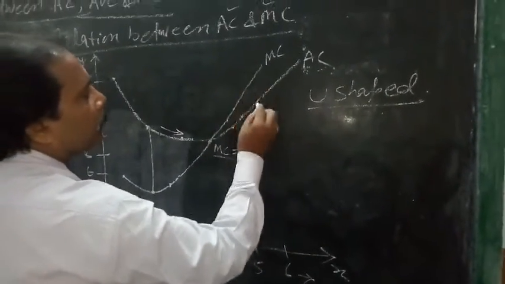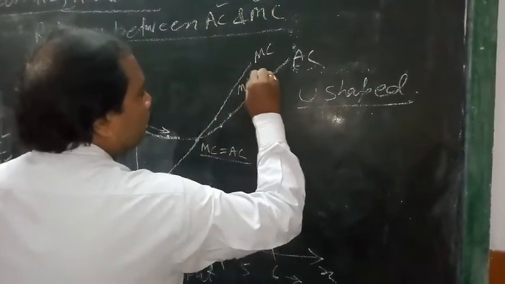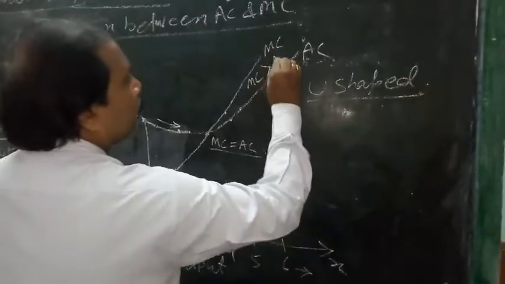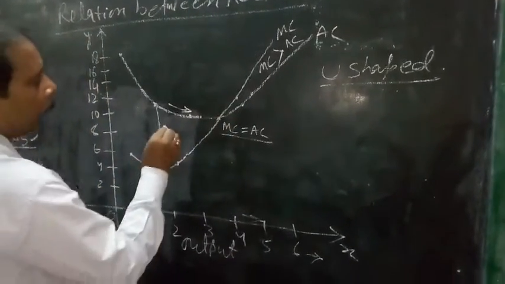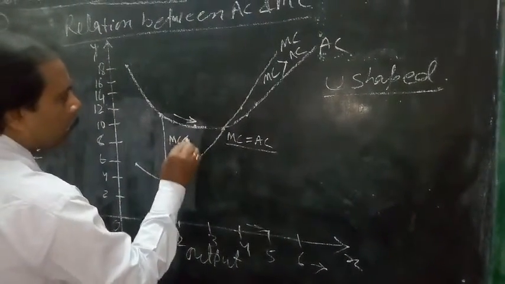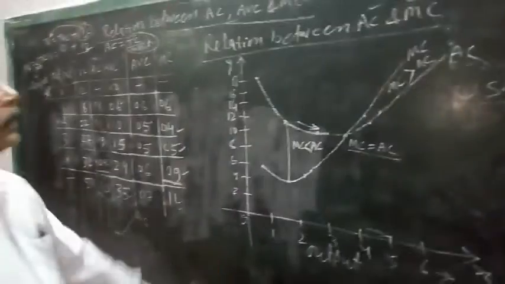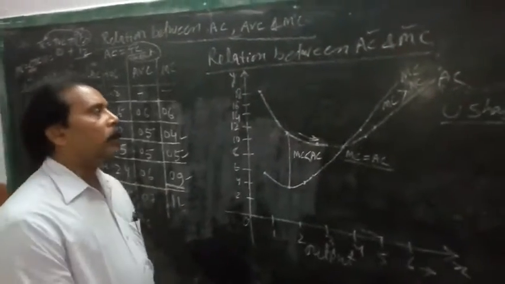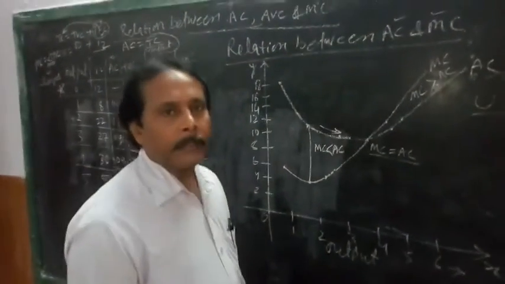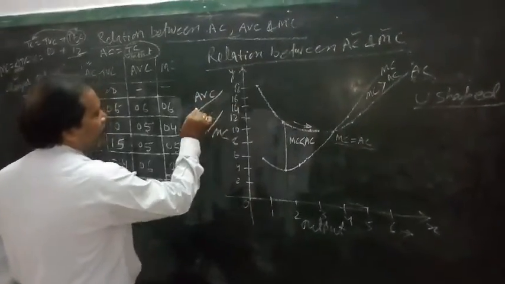That's why the MC curve is above the AC curve, and here we can say MC is greater than AC after this point, and below this point MC is less than AC. Okay? So the same thing you will follow whatever I had written on the board. Okay? Thank you.